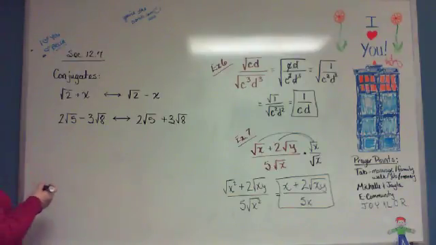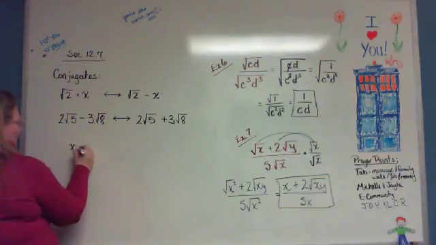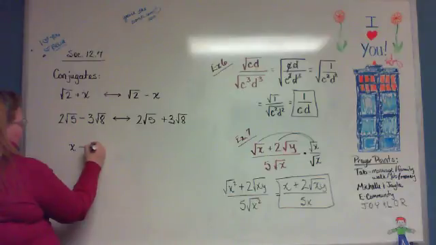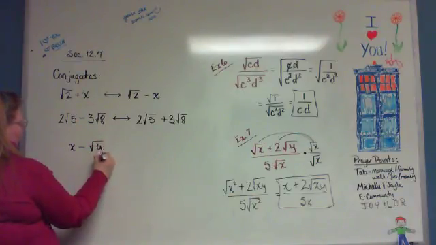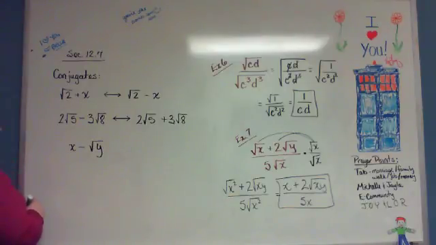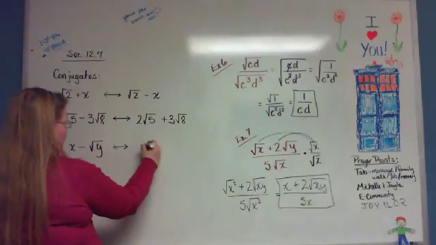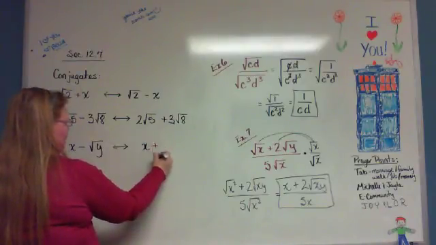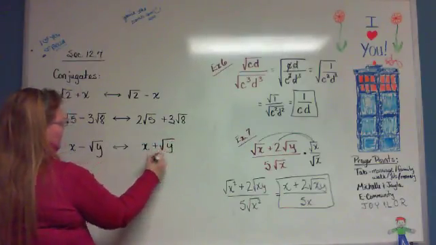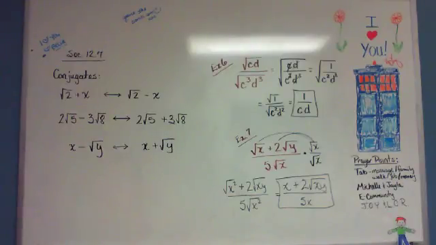What if I had something like x minus the square root of y? Well, then its conjugate is going to be exactly the same thing, but instead of a minus, it's a plus the square root of y. You need to know about conjugates because that's what you have to use whenever you have a denominator that has more than one term.